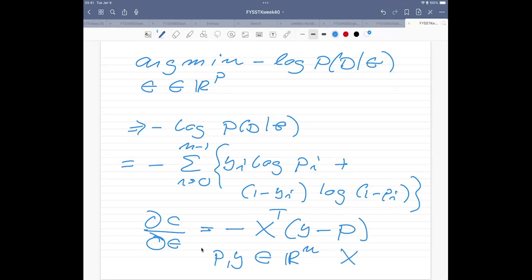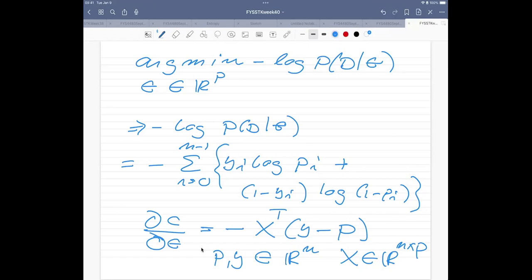And X is our design matrix, which has dimensionality n times p. And then we see that when we multiply these with each other, the matrix times the vector, we get the derivatives or the gradients, which have length p. So this is something which we went through last time.